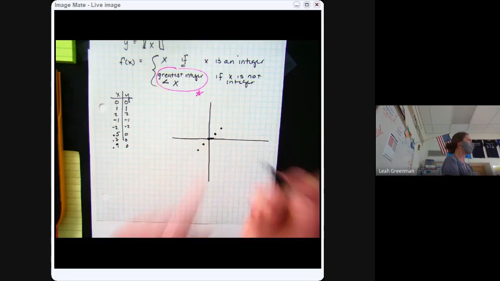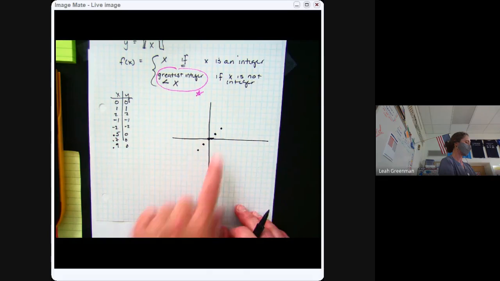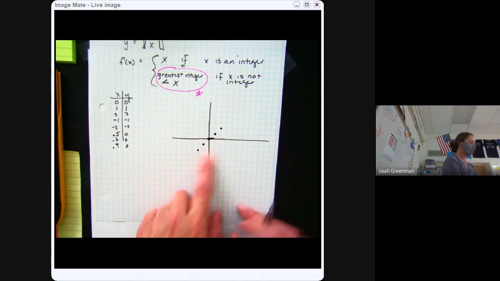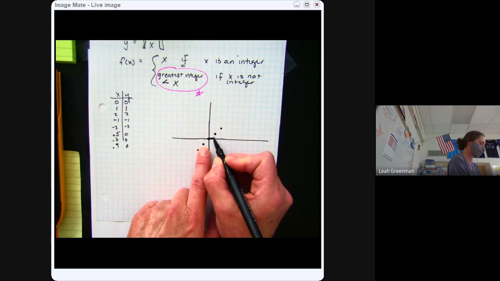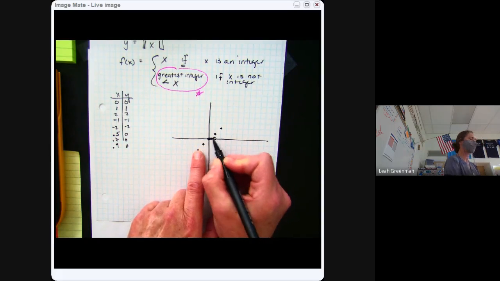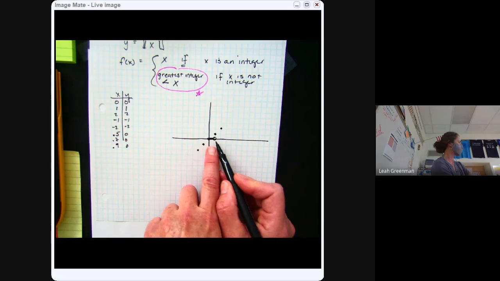Am I getting closer and closer to 1? But what happens at 1? We jump up here. So what's going to happen at the x value at 1? I'm going to put an open circle right there because I'm getting closer and closer, but I'm not touching 1, 0.